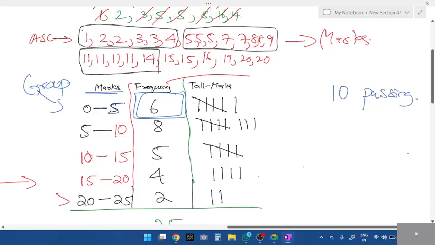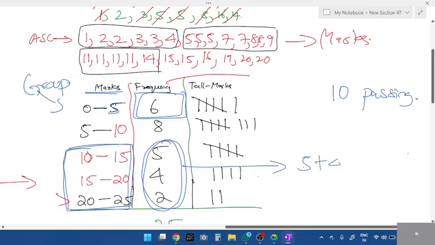Which ones do you have to consider? Look at the marks. All these are 10 and above. So how many students have scored above 10? 5 plus 4, 9, 9 plus 2? 11. How many students have scored below 10?